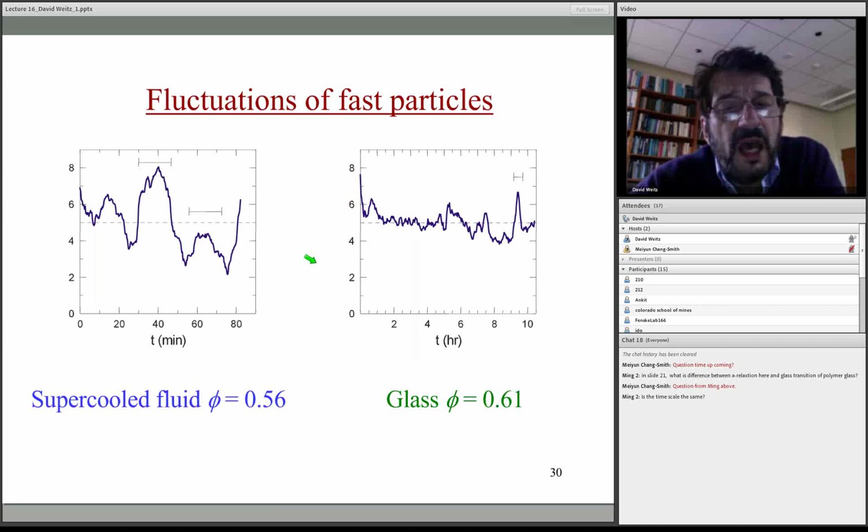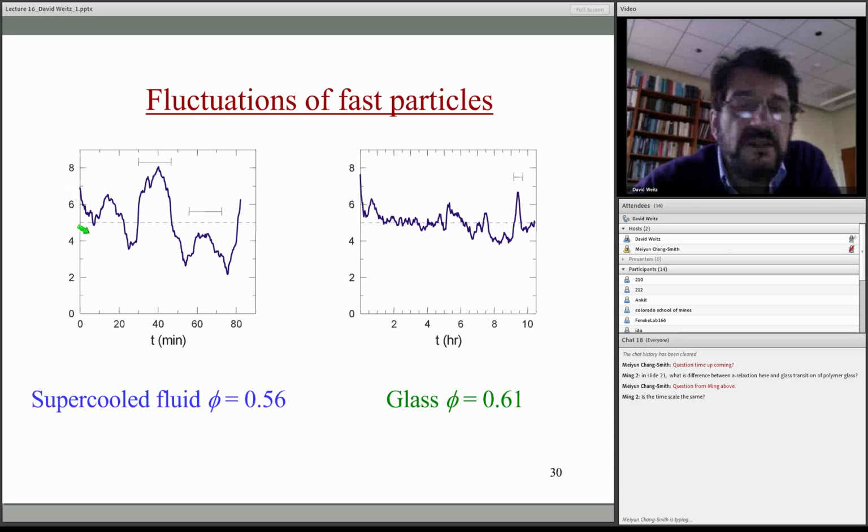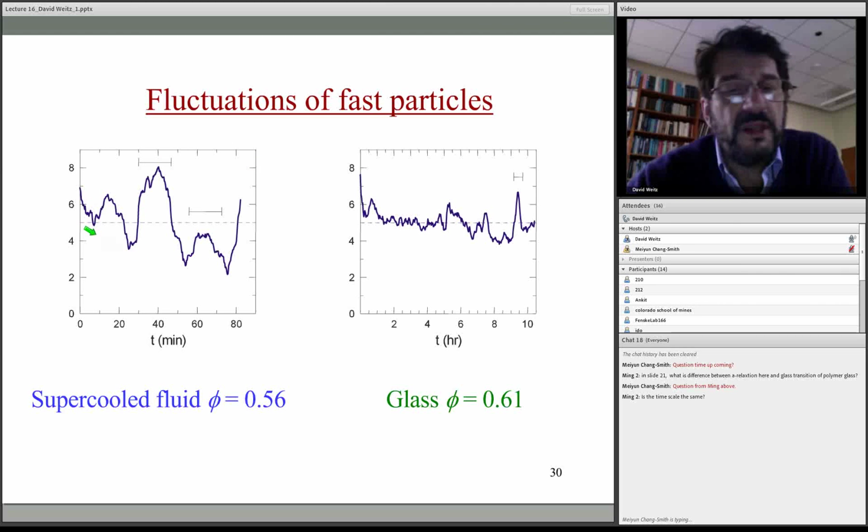So you can look at, remember I showed you these fluctuations in the number of particles that were undergoing relaxation. When they were strongly correlated at 56%, if you plot the percent of particles undergoing relaxation as a function of time, you see these large fluctuations. It can be 6%, it can be down at 2%.